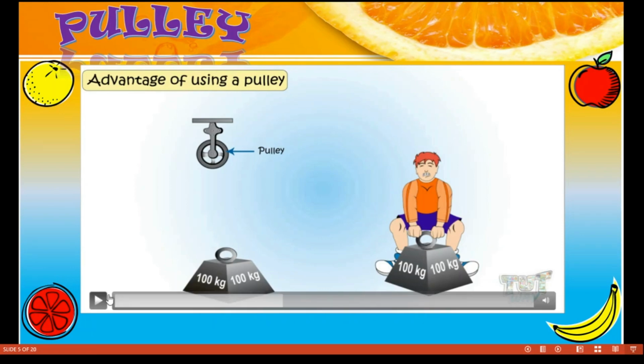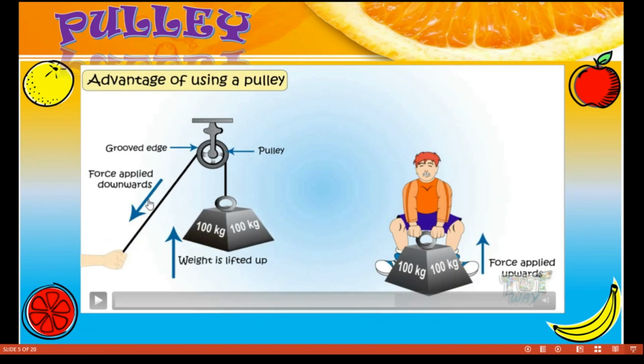But if you use a pulley to lift this load of 100 kg, you can easily lift it. A force is applied in a downward direction, and the weight is lifted in an upward direction.